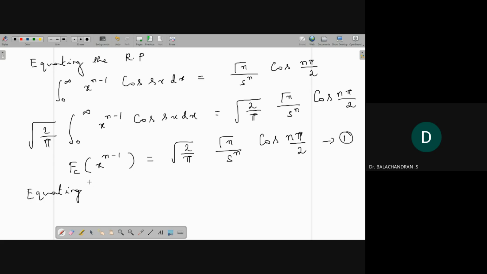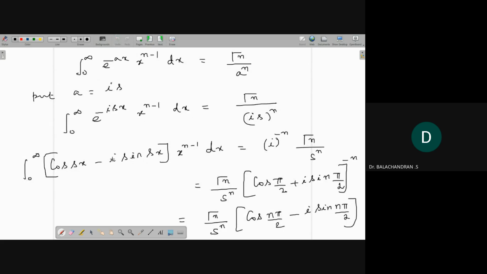Equating the imaginary part. The left hand side you have minus integral 0 to infinity x power n minus 1 into sine sx dx. Here also you'll have minus gamma of n by s power n into sine n pi by 2. So minus minus gets cancelled.